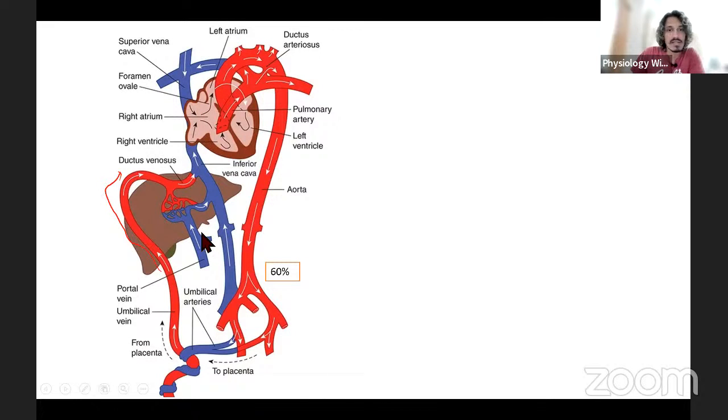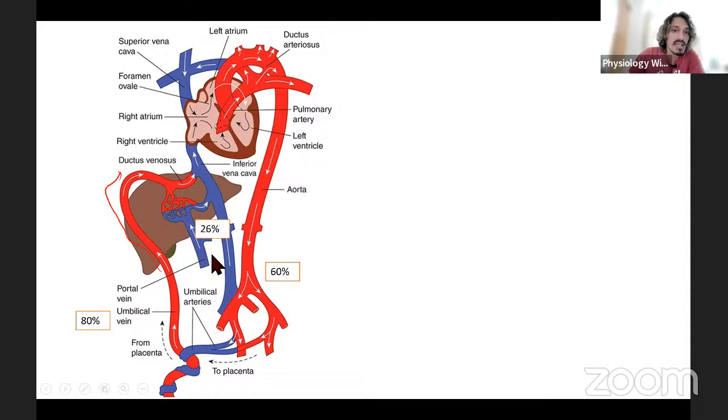It bypasses the portal circulation. Instead, it directly goes to the inferior vena cava. So this is through your ductus venosus. Major part goes like this. So that is usually coming at around 80% saturation, which was coming as I was telling you earlier. That 80% saturation is coming here.